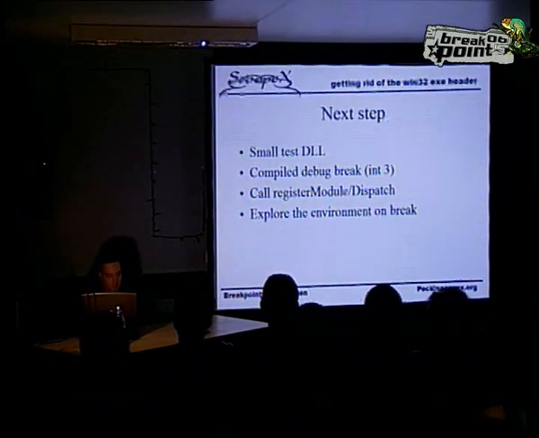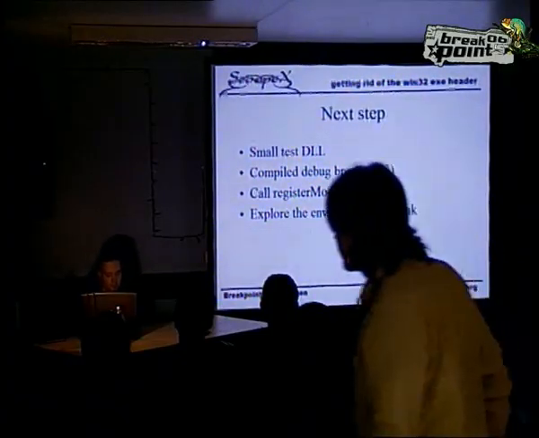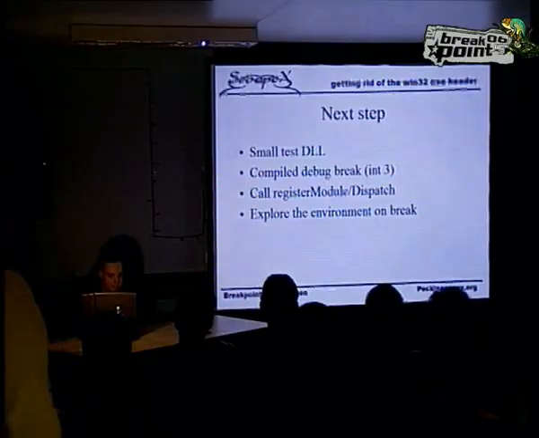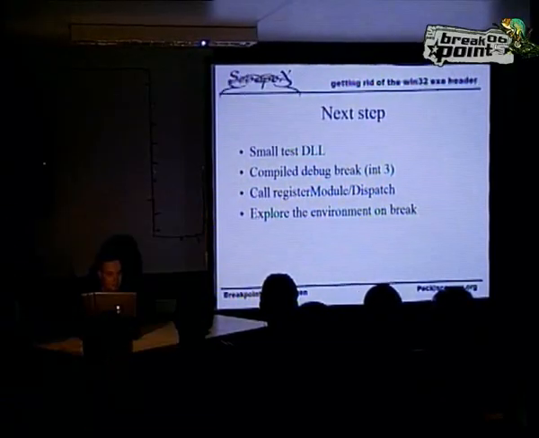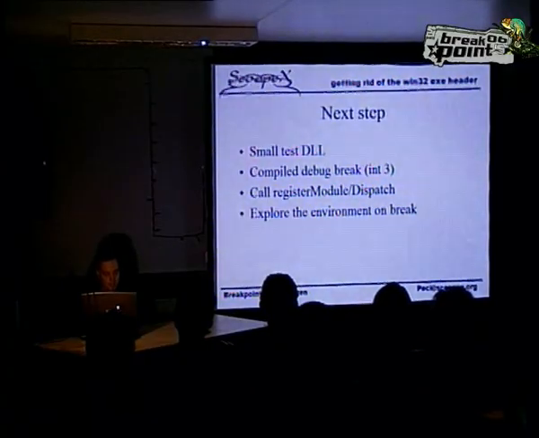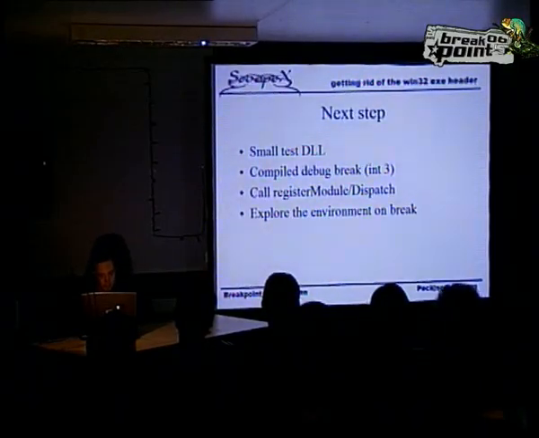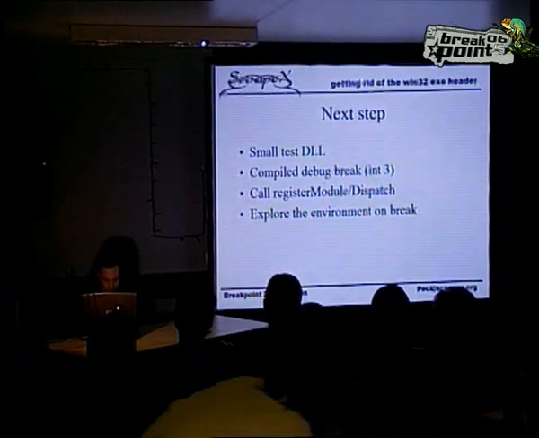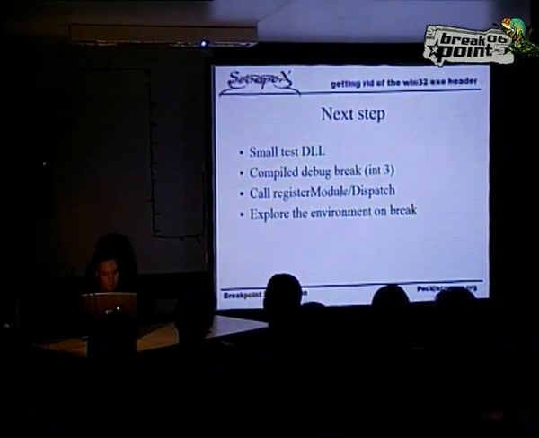So the next step was just to write a small test DLL and to see how this really works out. For that, I made my DLL and I implemented a compiled breakpoint, which basically is just an interrupt 3. And on the other side, I made my COM file where I did the register module and the dispatch call. And then the DLL was loaded up, it was called, the breakpoint hit, and the debugger came up, and I could explore the environment.